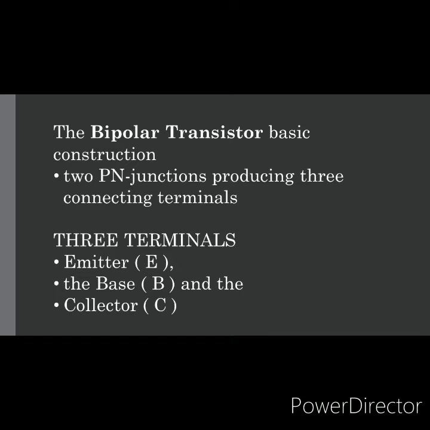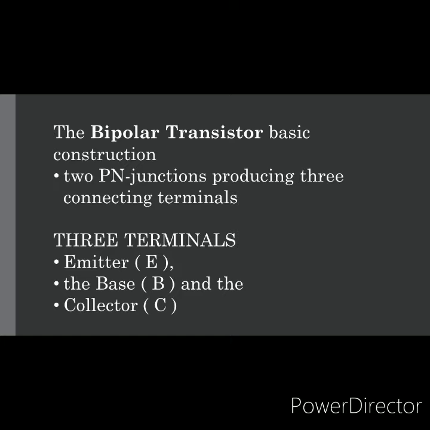The bipolar transistor basic construction consists of two PN junctions, producing the three connecting terminals, with each terminal being given a name to identify it from the other two.